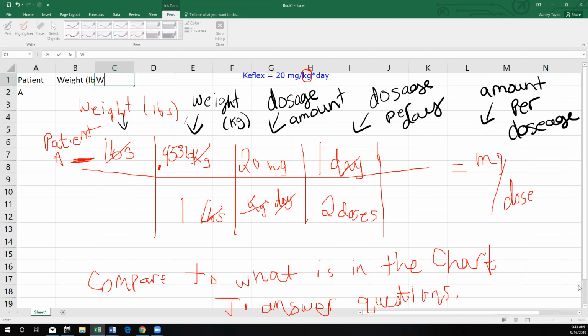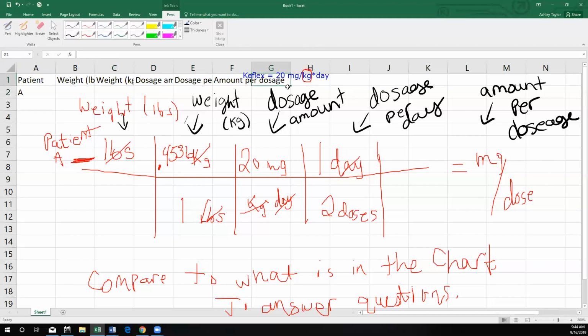And next I have the weight in kilograms. And then I have the dosage amount. Then I have the dosage per day. And then I have the amount per dosage.